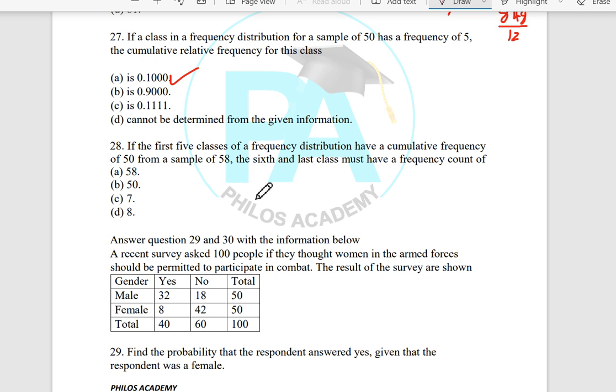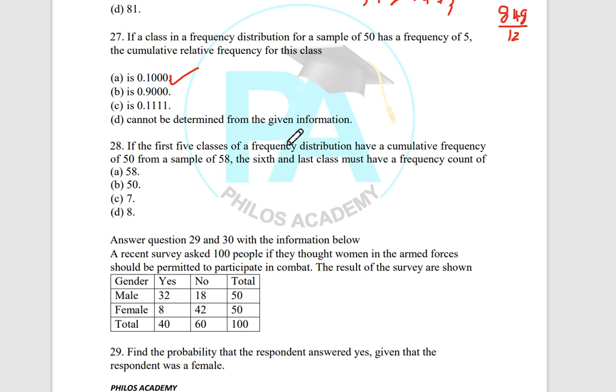Question 28 says, if the first 5 classes of a frequency distribution have a cumulative frequency of 50 from a sample of 58, the sixth and the last class must have a frequency count of, you have 7 classes, and from the first class to the 5th class, the total is 50, right?